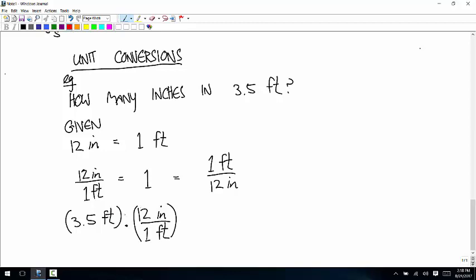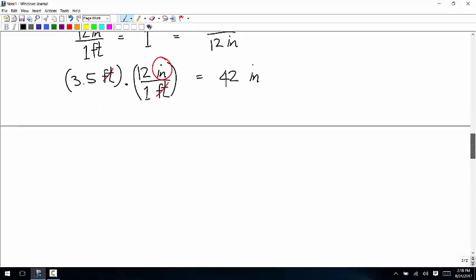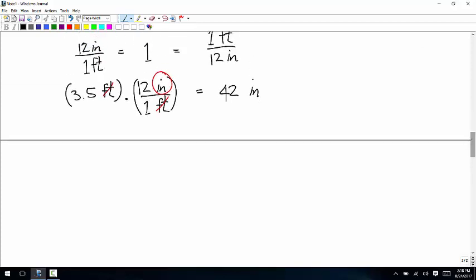Now, if you think about these feet as being like algebraic variables, you can see that those two cancel. The only units we have left are inches. And so this comes out to be 3.5 times 12 is 42 inches. Okay. So that worked just like we wanted it to.